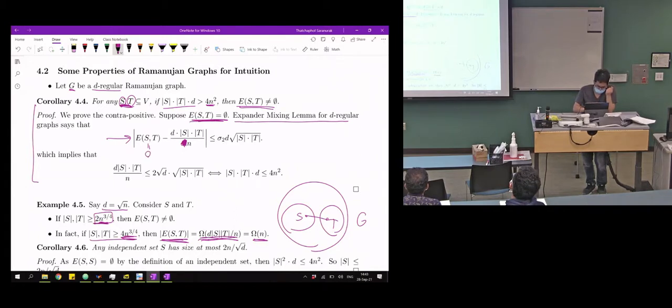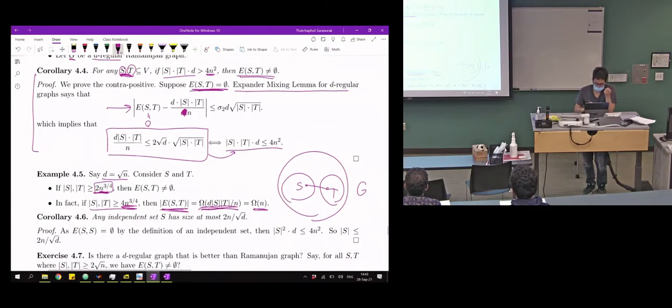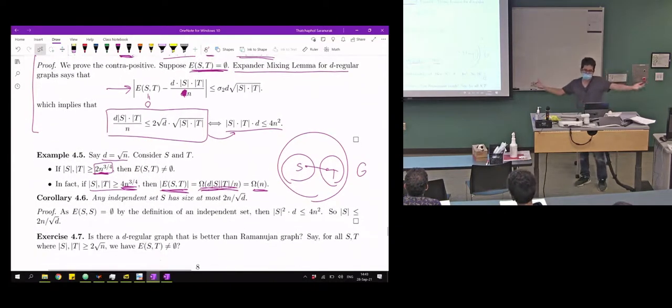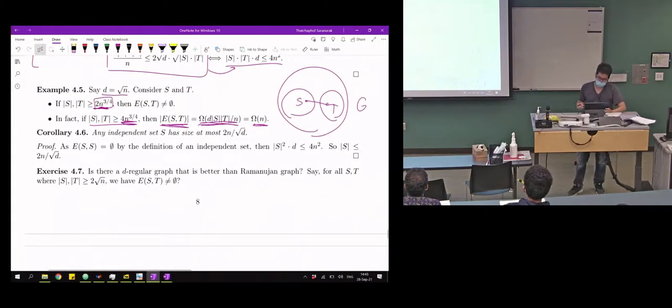You just plug this to be 0, then you rearrange, and you get this. So any two sets which are big have an edge.